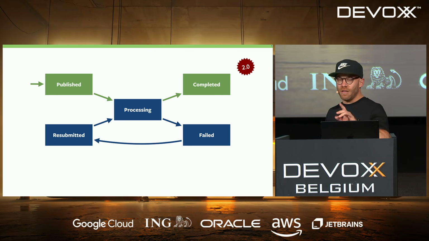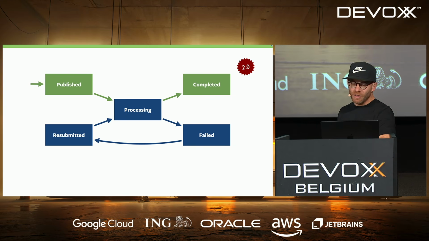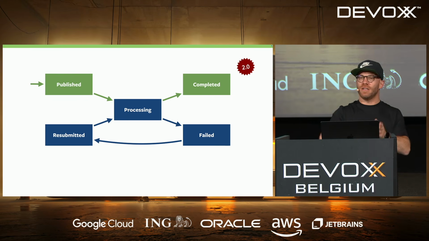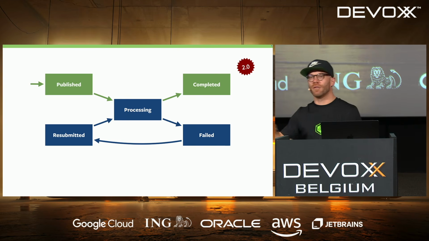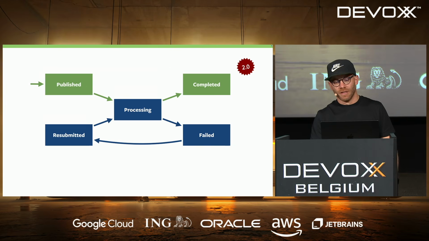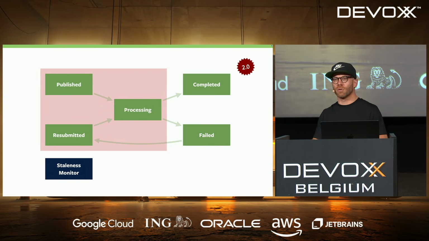With the state transitions going on, there of course is a risk, right? All these state transitions need database updates, and for some reason, in some of these state transitions, someone might pull the plug of your machine, and then that's not necessarily happening, right? So what we also provide with the 2.0 version is a so-called staleness monitor.